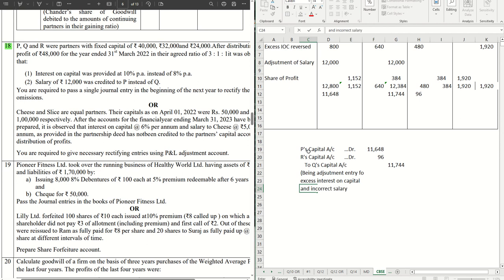Salary provided to partner. Okay, narration you can write in your own way as well. So this is how the sum needs to be done.